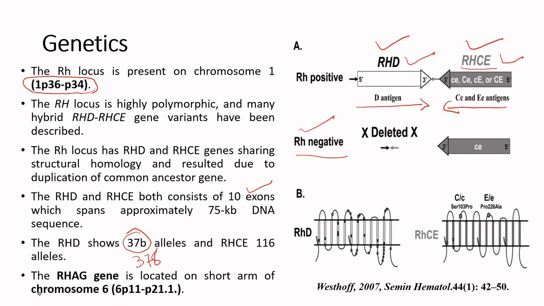The RHAG gene is located on the short arm of chromosome 6. These two genes, RHD and RHCE, are on chromosome number 1, whereas the RHAG gene, which is the Rh associated glycoprotein, is positioned on the short arm of chromosome number 6, at 6p11, 6p21.1.